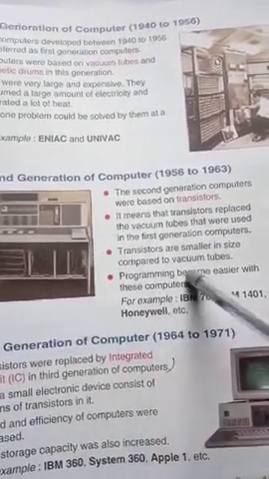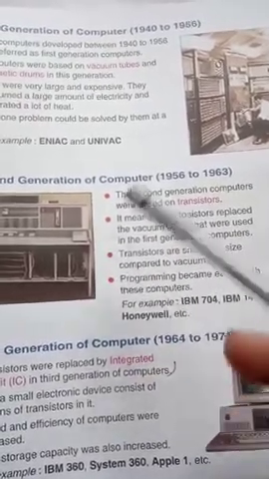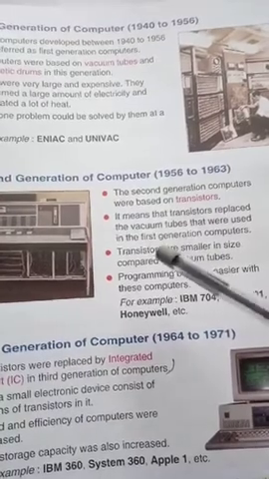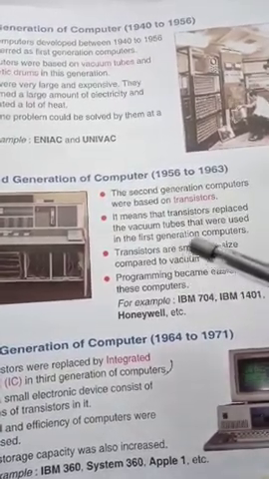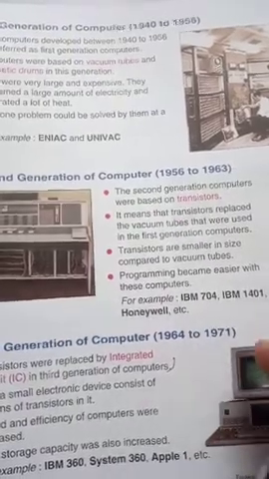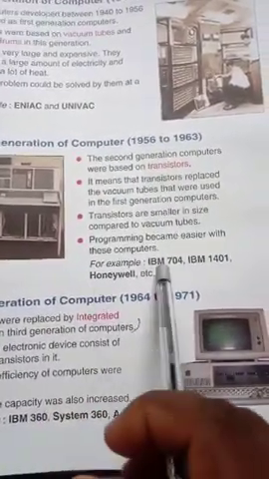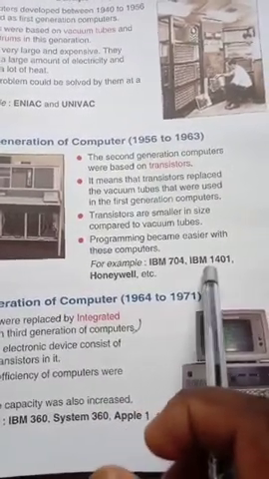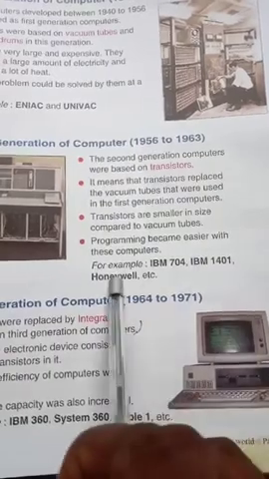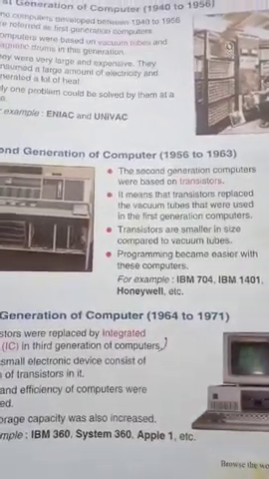They were smaller, cheaper, and faster than the first generation computers. And examples of second generation computers: IBM 704, IBM 1401, Honeywell Mark III, Atlas, etc.